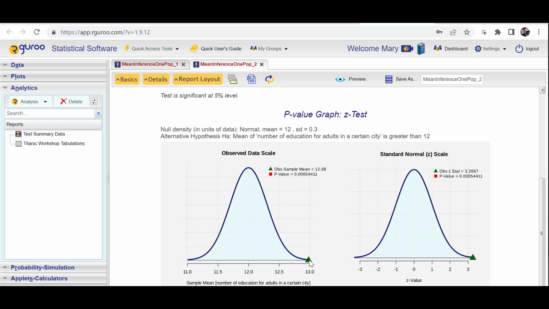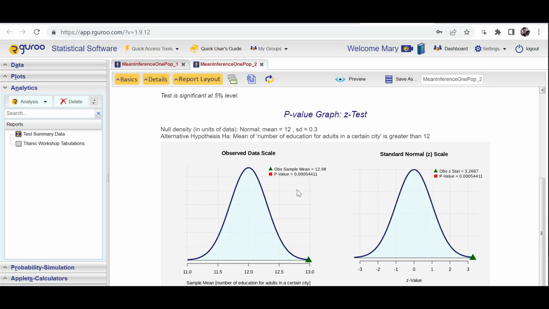And so the probability that it would occur, the shading would happen right here, but it's so far up here, it's so hard to see. Anyway, what is shaded is 0.00054411. So basically up here is the probability that we would get a sample mean of 12.98 when the true mean is really 12. All right, which is a low probability.